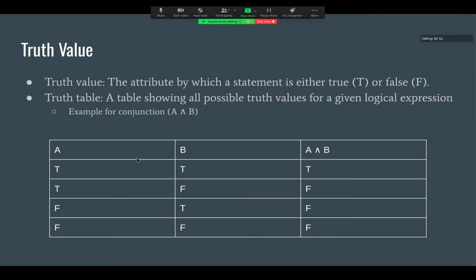In this table, you can see we have column A, column B, and column A and B. A and B is only true when both A and B are true. This systematic approach helps us understand the behavior of logical statements under different conditions.